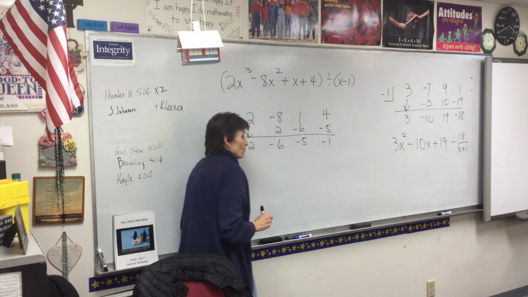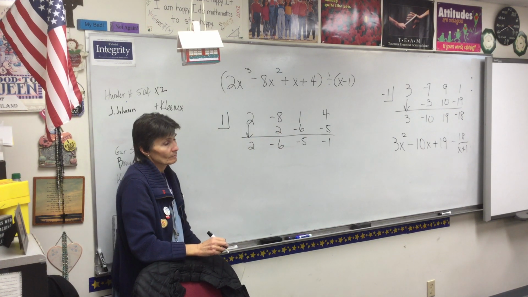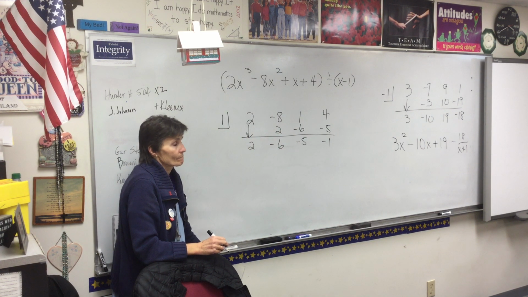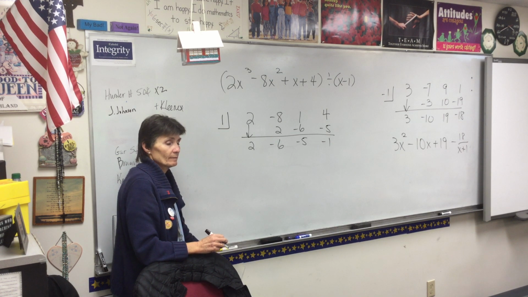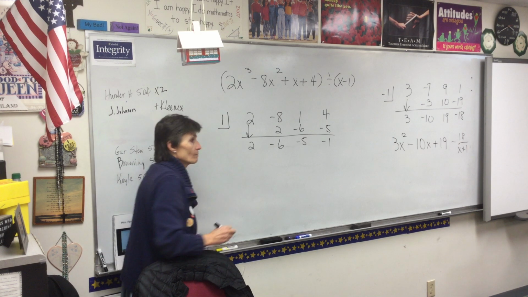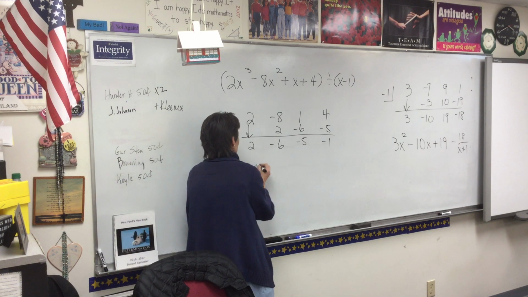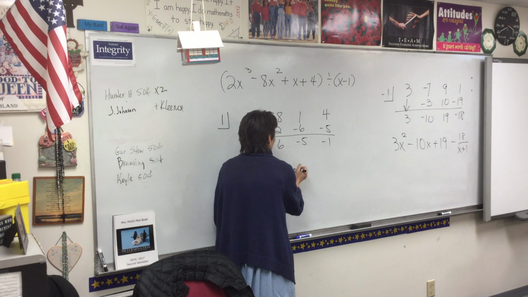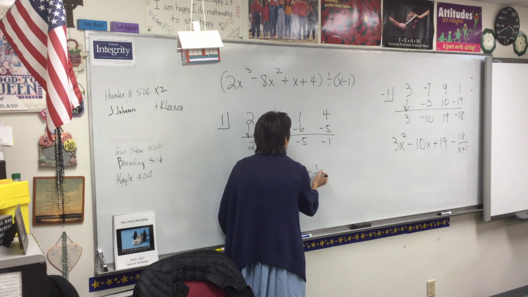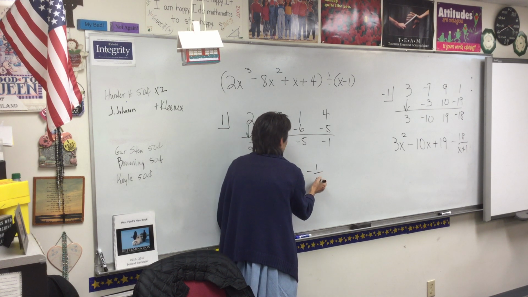You say you got negative 1, Sam? Yeah. So what do we write in the answer blank? 2x squared minus 6x minus 5 minus 1 over x minus 1.